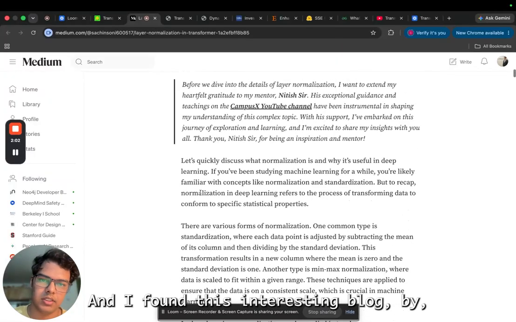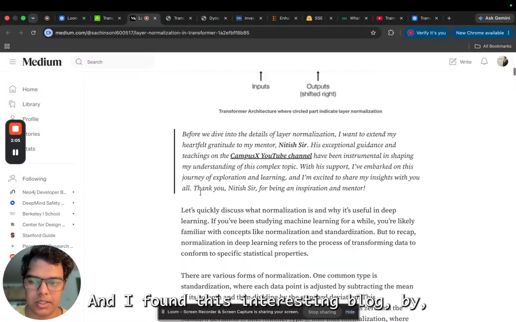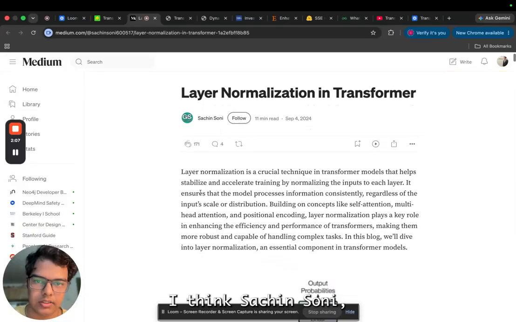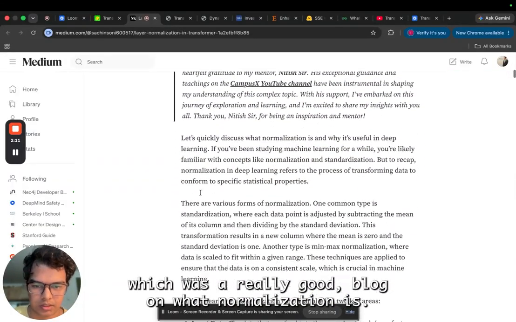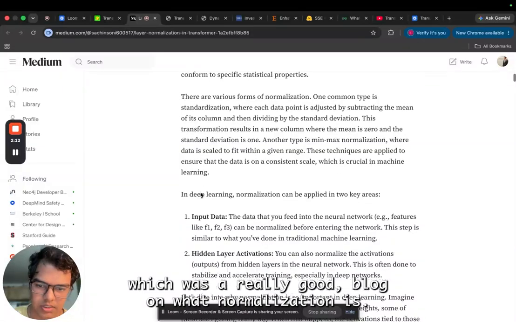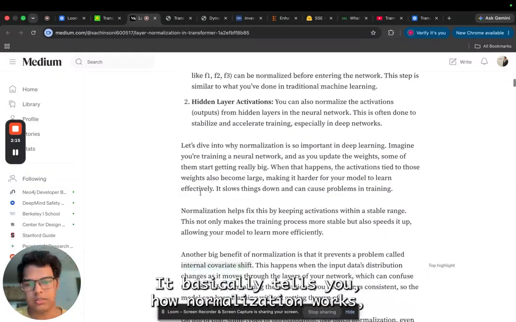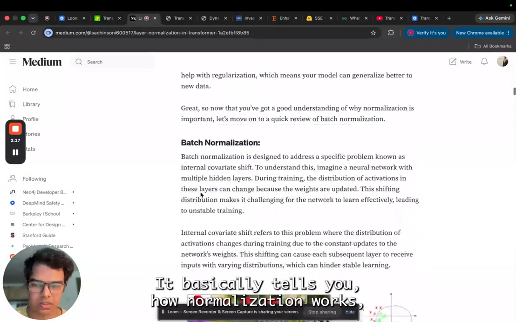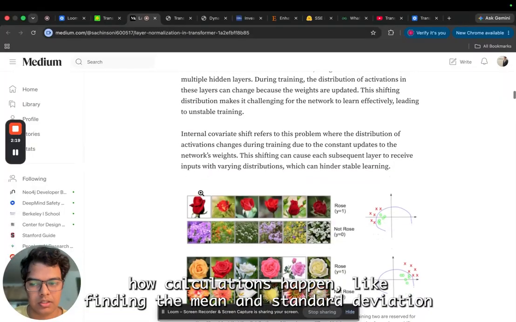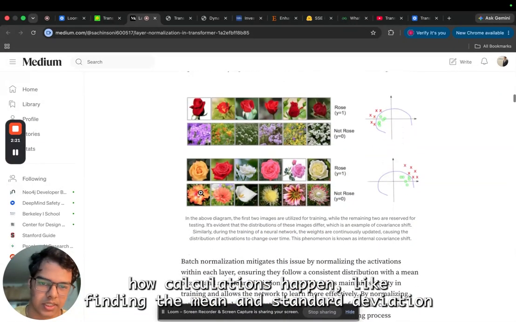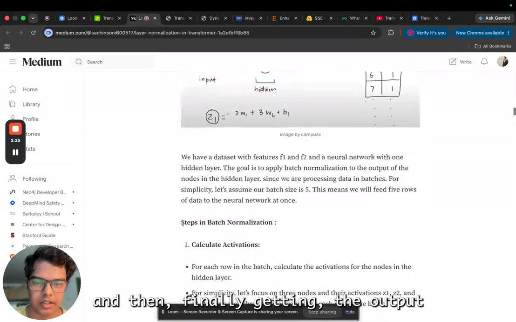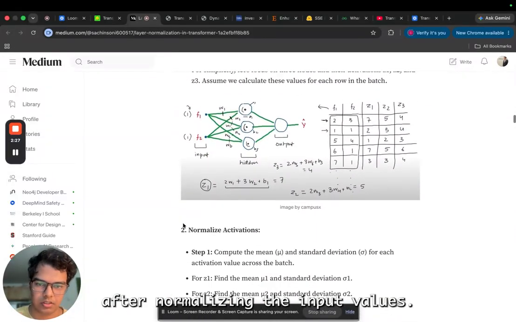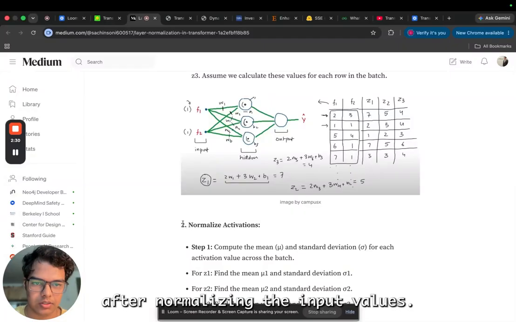I found this interesting blog by, I think, Sachin Soni, which was a really good blog on what normalization is. It tells you how normalization works and how calculations happen, like finding the mean and standard deviation, and then finally getting the output after normalizing the input values.